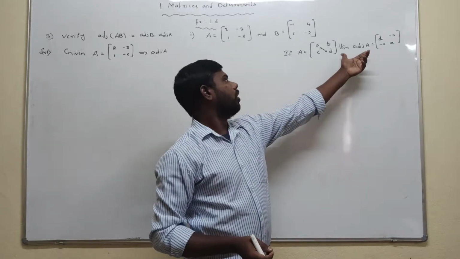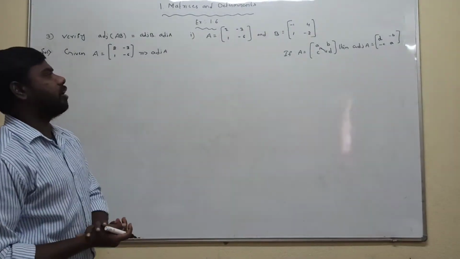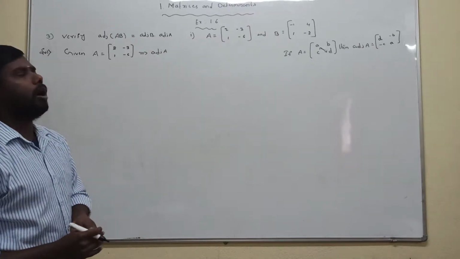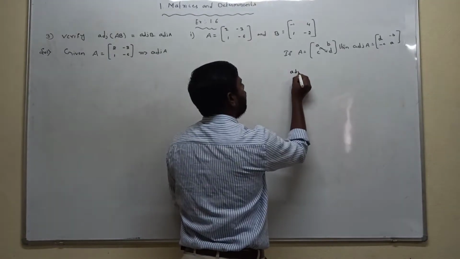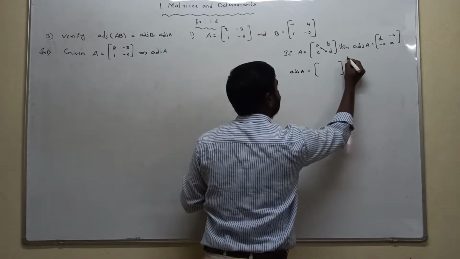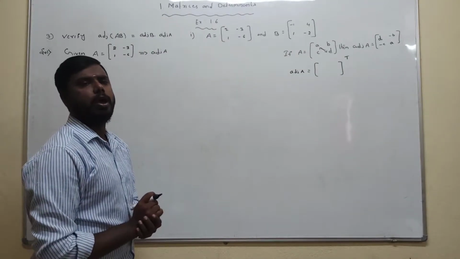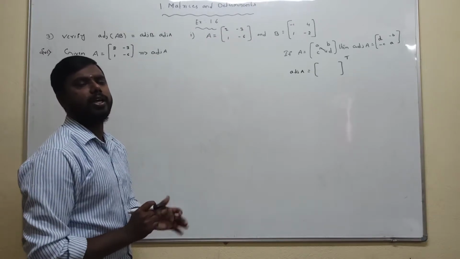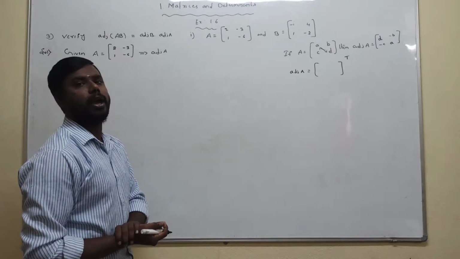Suppose we are not using this shortcut formula. Normally, by the definition, the adjoint of A is equal to the transpose of the matrix of Aij, where Aij is the cofactor of the element small aij.